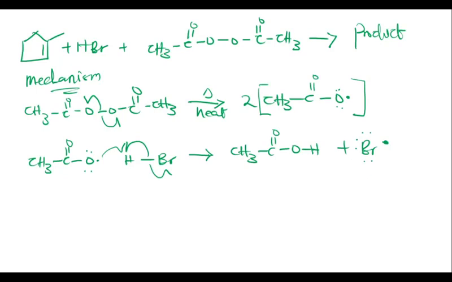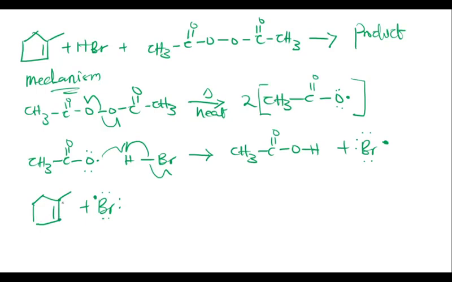So the bromine radical from here will now attack the alkene. So we have our alkene over here plus the Br radical. Okay, let me use this. So this is our radical. Now if we look at this, the double bond over here is between this carbon and this carbon, and we can see that this carbon here is attached to 1, 2, and 3 other carbons, and this one over here is attached to just 1 and 2.